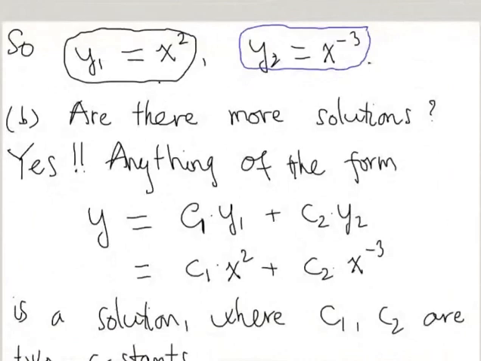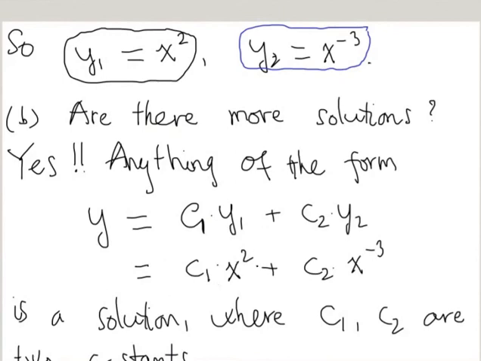So we found earlier y1 is x squared, y2 is x to the negative 3. But if we look at something like c1 times y1 plus c2 times y2, where c1 and c2 are constants, then everything like this is a solution.